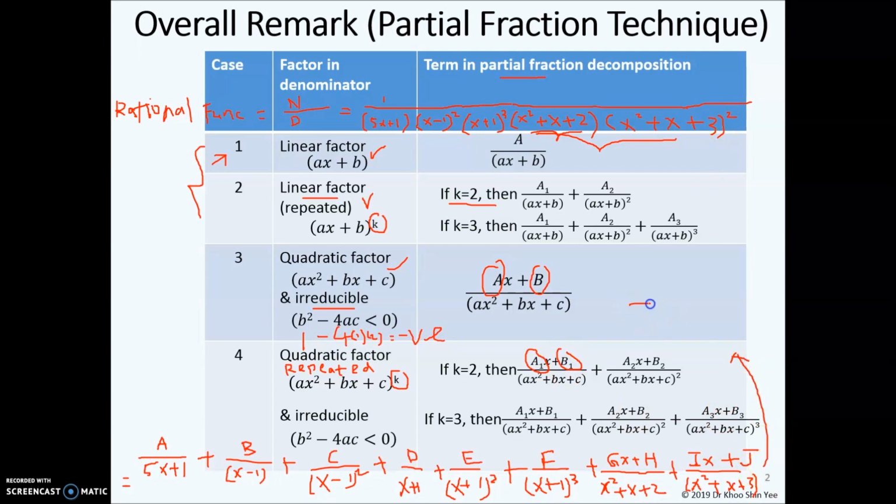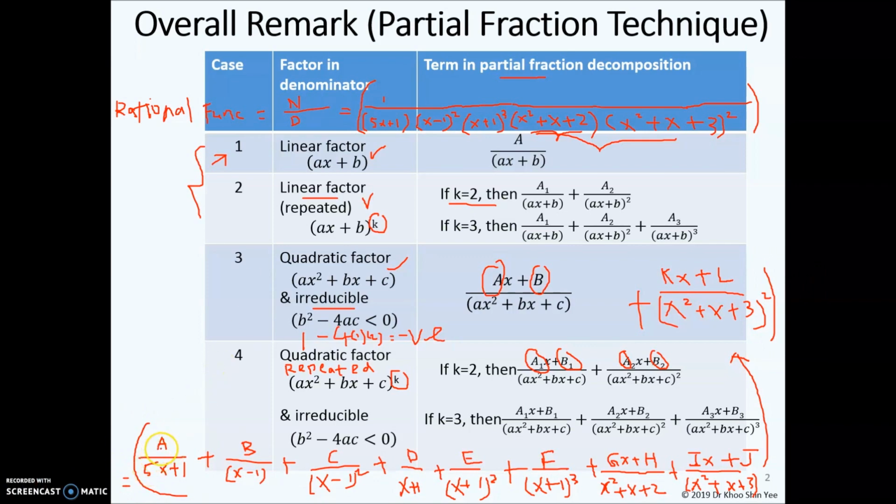You add Kx plus L, so K and L are unknowns, like a2, b2 here, divided by (x squared plus x plus 3) power of 2, because this is a power of 2. So this term, by using partial fraction, we managed to convert into this form.